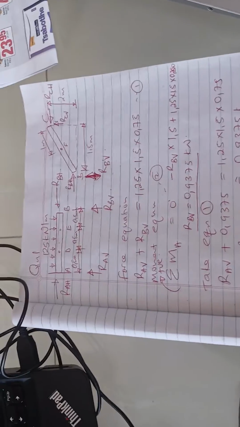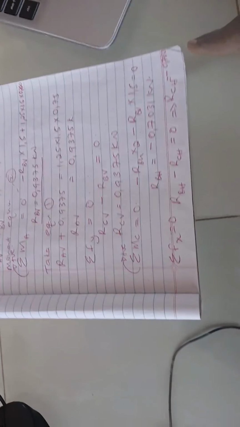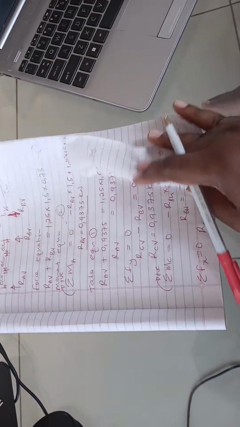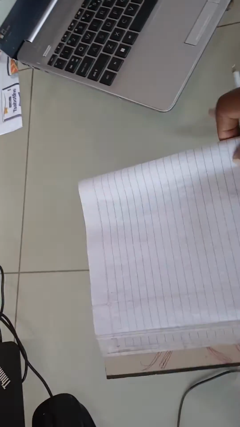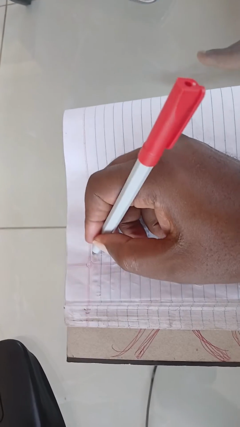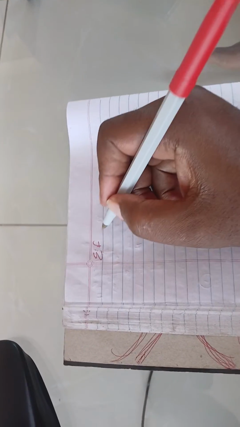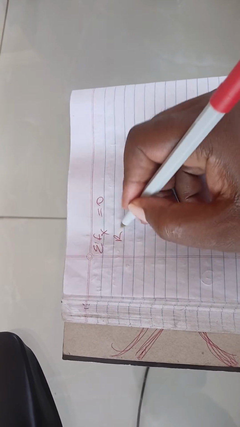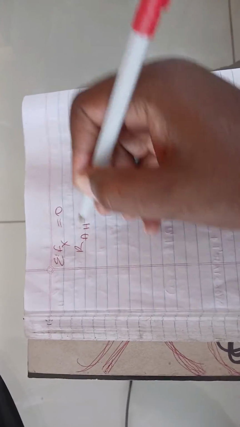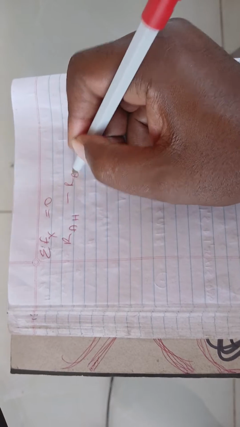So here, this is where we are with the working so far. I'm flipping over to the next page. Summation of the forces in the x direction is equal to 0, which will give me RAH minus RBH being equal to 0.